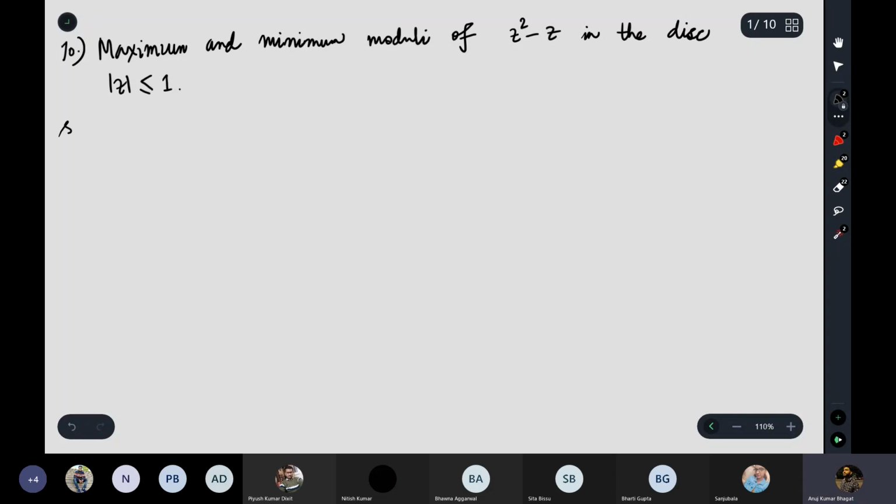This is the question. Let's solve it. If I call this function f(z), it can also be written as z into (z minus 1).